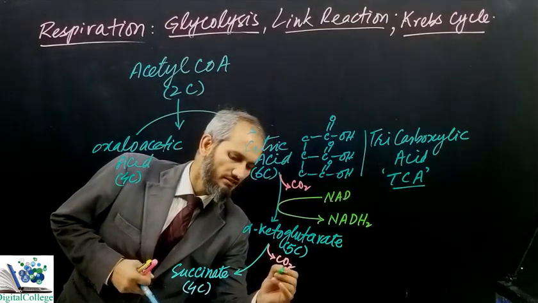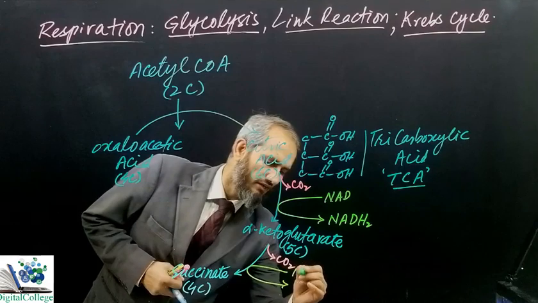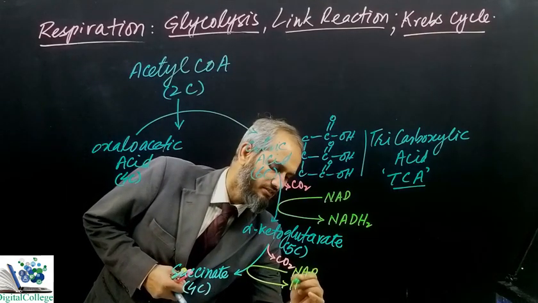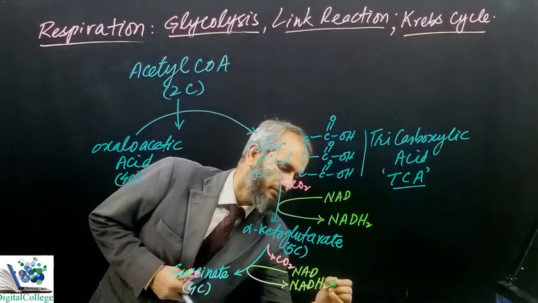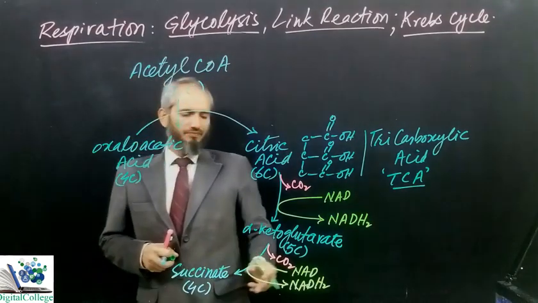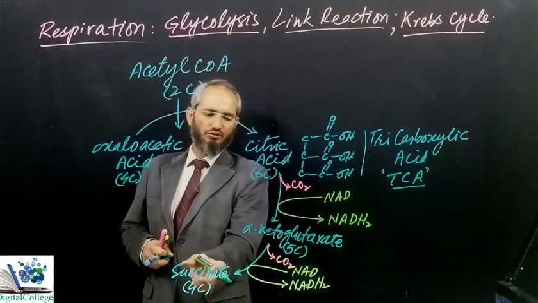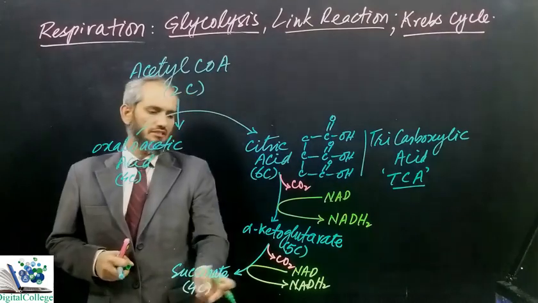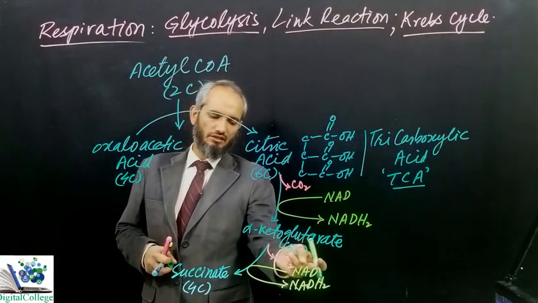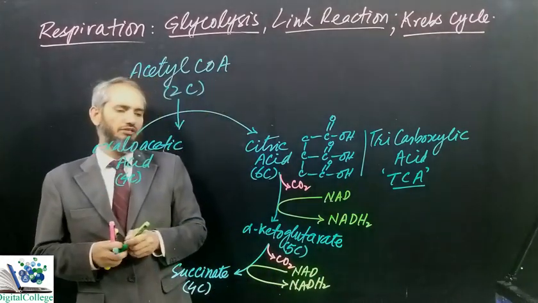So in this stage, I am once again writing that NAD is reduced into NADH2, whereby there is the oxidation of alpha ketoglutarate into succinate, and there is the reduction of NAD into NADH2.